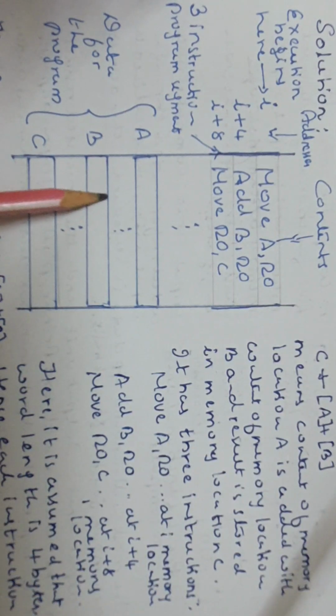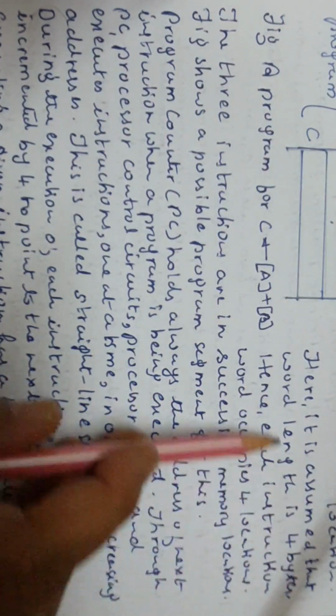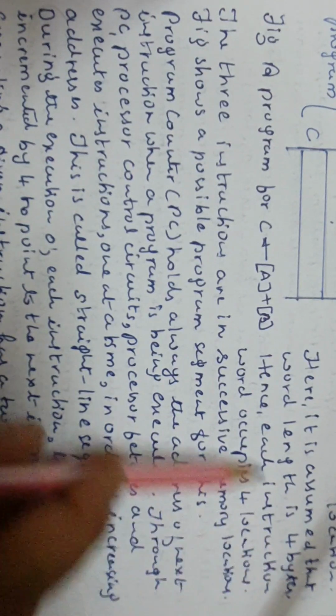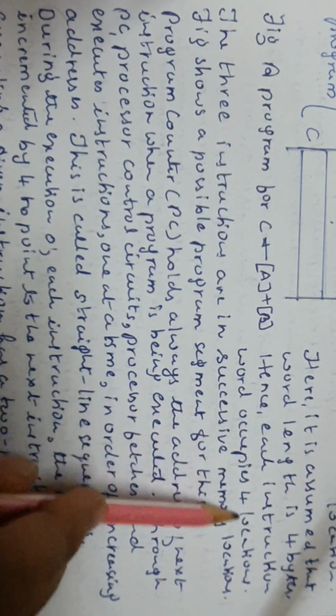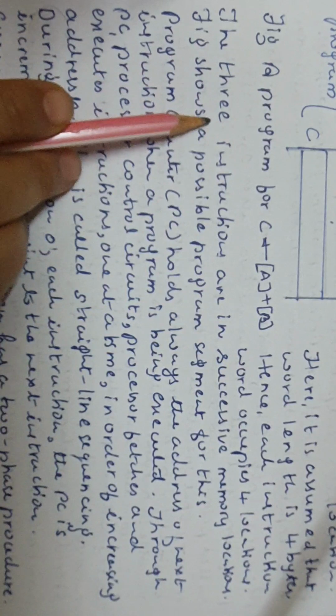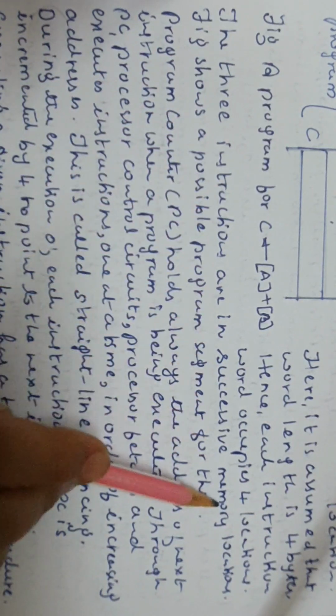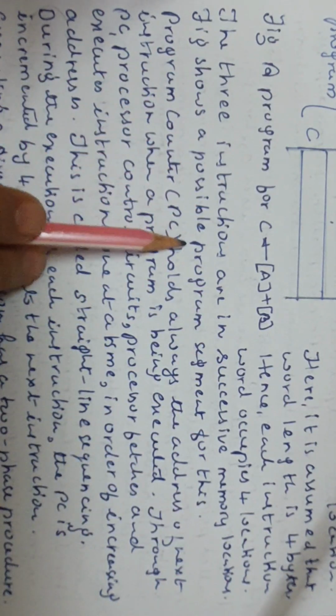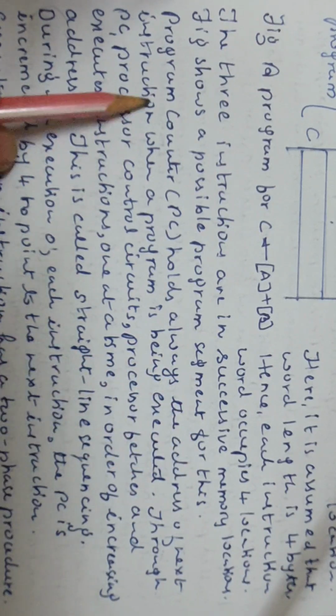Means we are describing this block diagram. Here it is assumed that the word length is 4 bytes. Hence each instruction word occupies 4 locations. The 3 instructions are in successive memory locations. The figure shows a possible program segment for this.